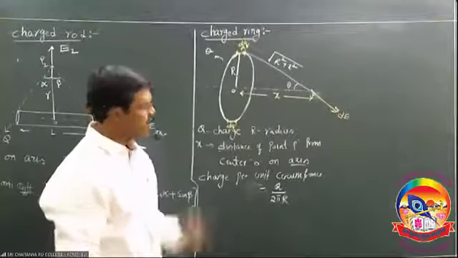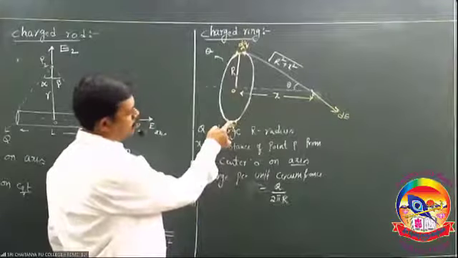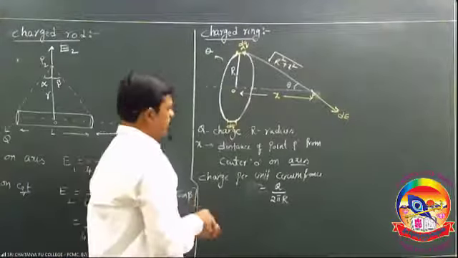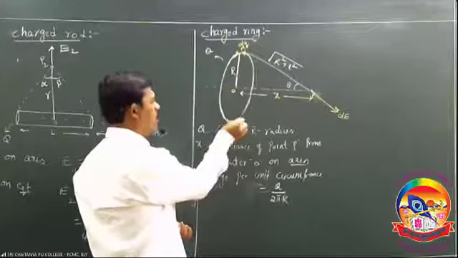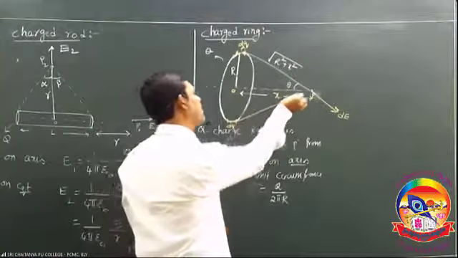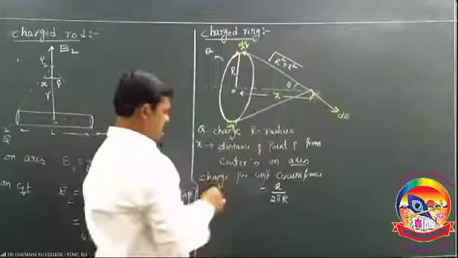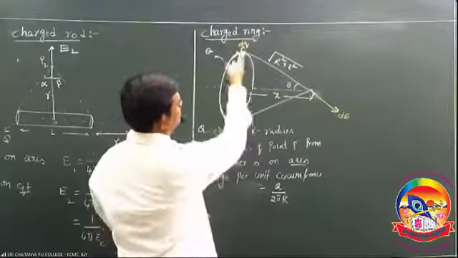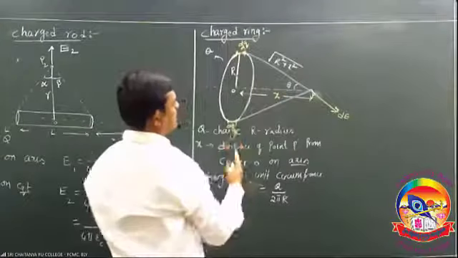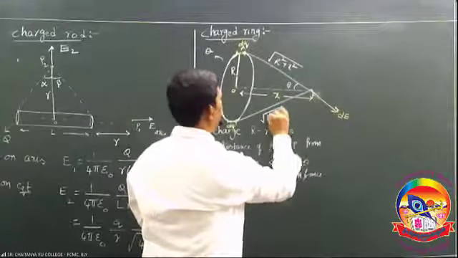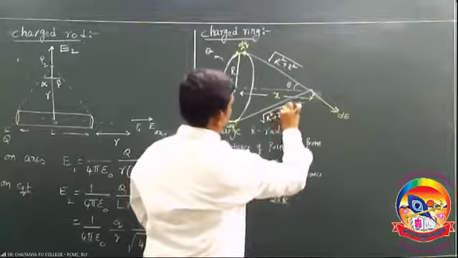In the same way, due to this symmetrically opposite small charge, this is the distance. Is it not the same as this? Because symmetrically opposite, the distance from here to here is the same, root of R square plus X square.